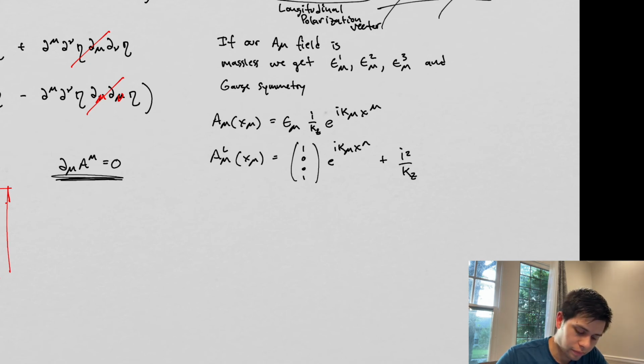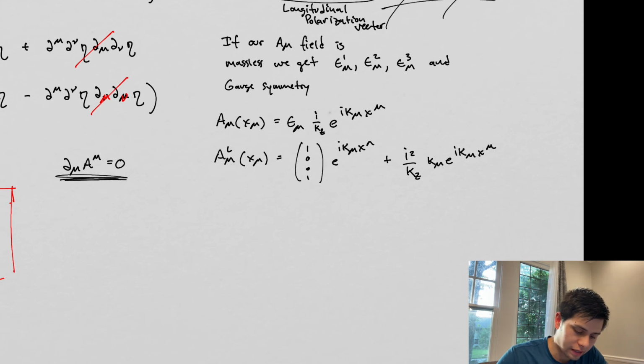And we get e to the i k mu x mu. Okay, so bring the k mu over.